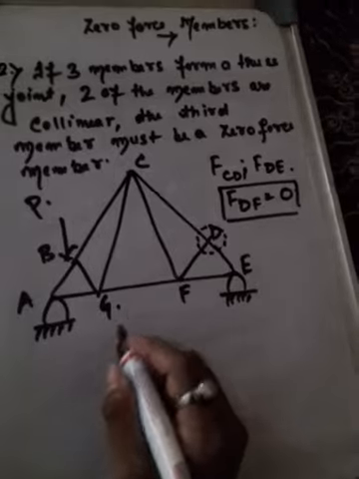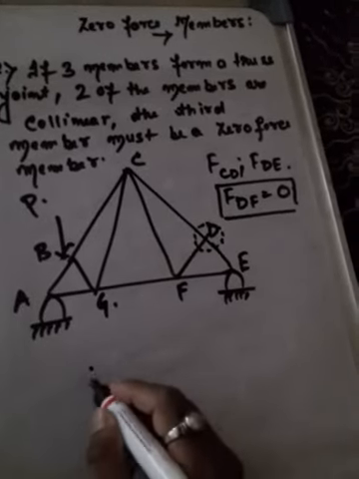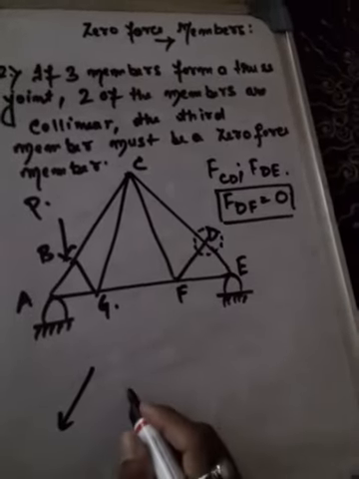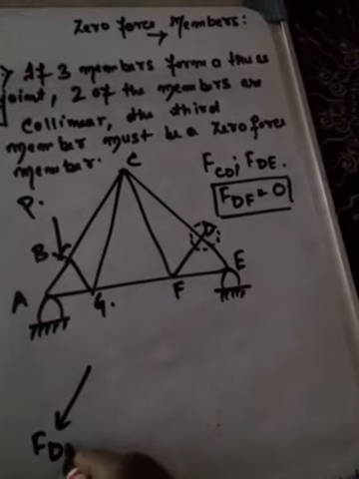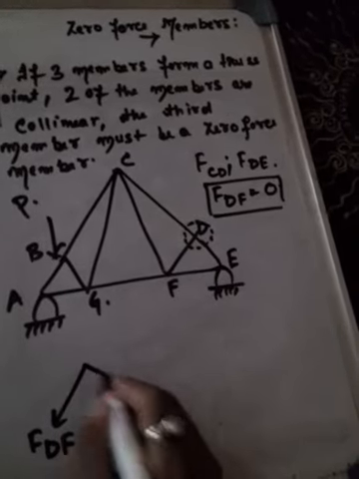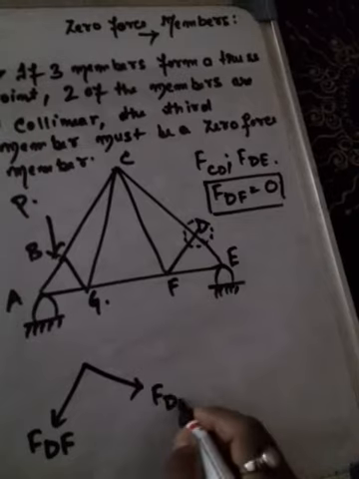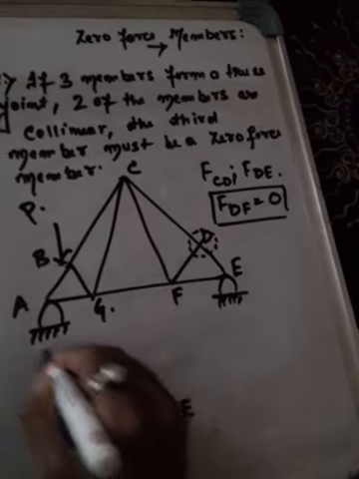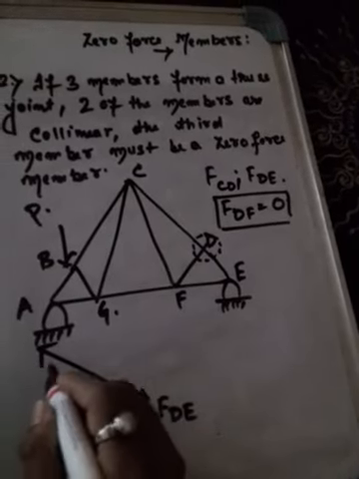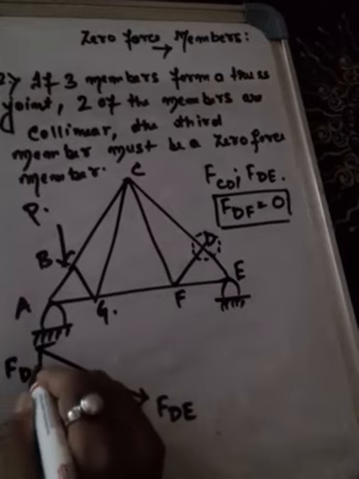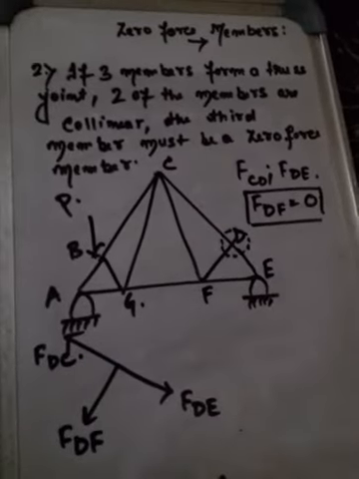So how? Just take the point D and draw the FBD. This is FDF. This is your FDE. FDC. Okay.